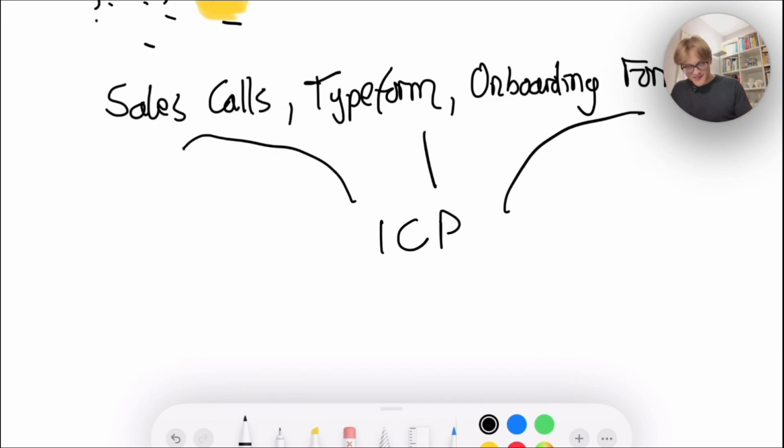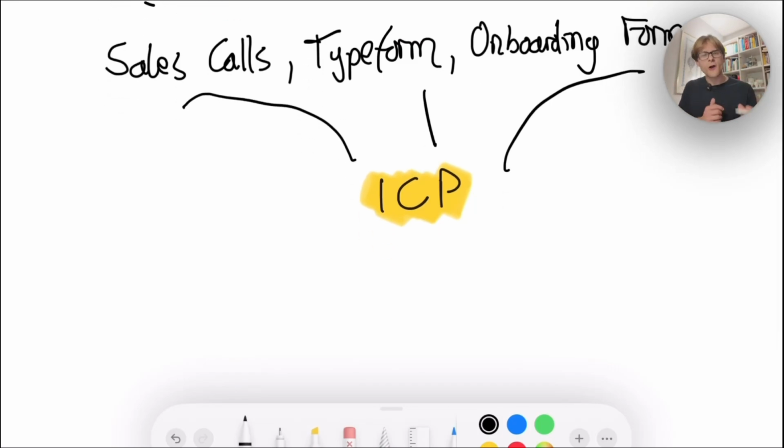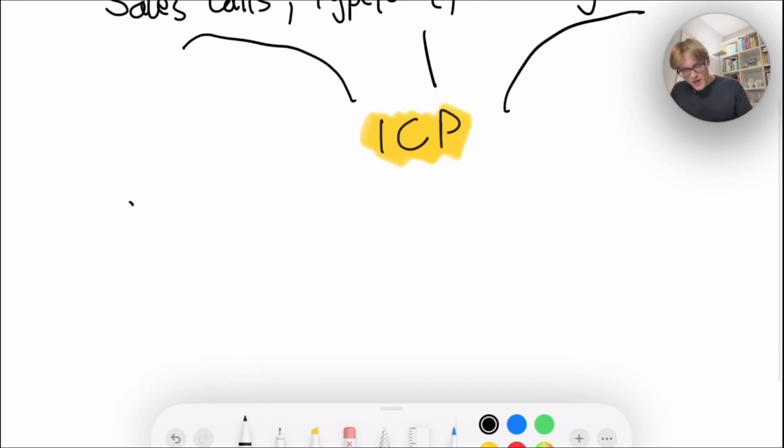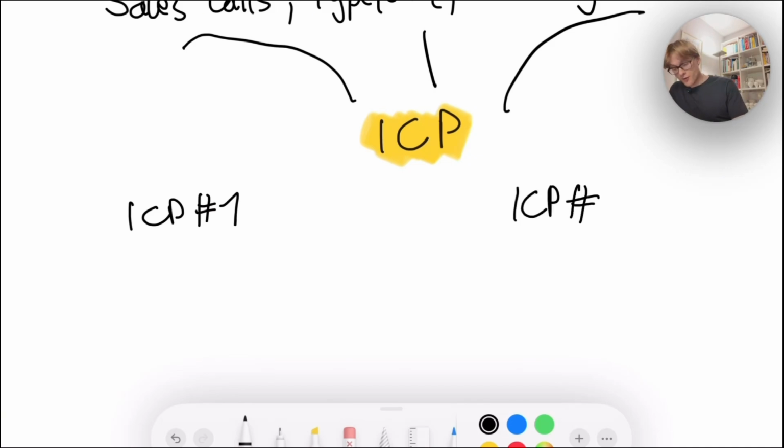Your ICP is basically the one profile, even though it's hard to generalize a lot of people in one profile, that you want to target with your ads. Most of the time, you won't have one ideal customer, you're going to have a bunch of them. So we generally try to make between 1 and 3 different customer profiles.